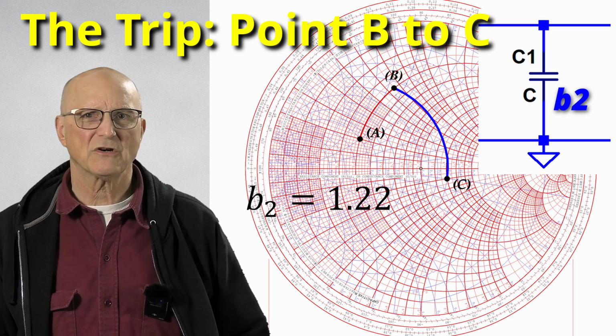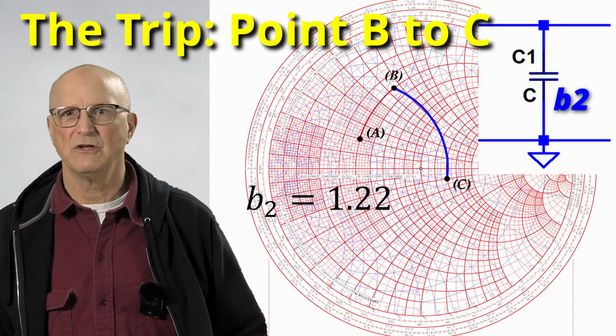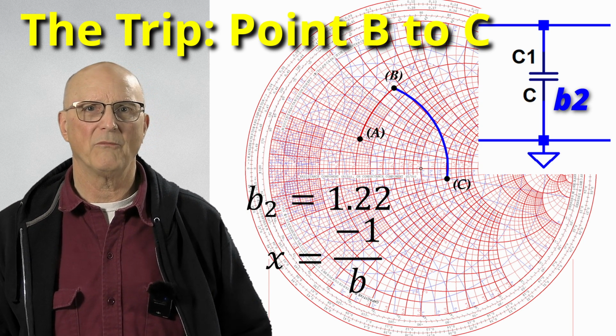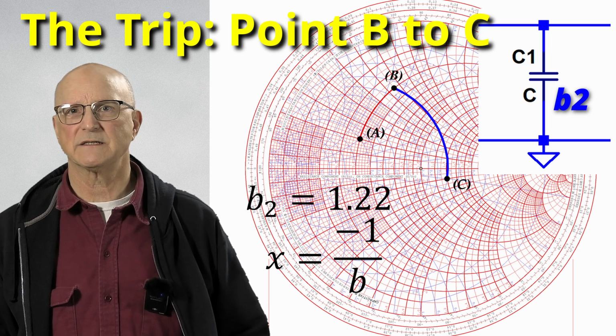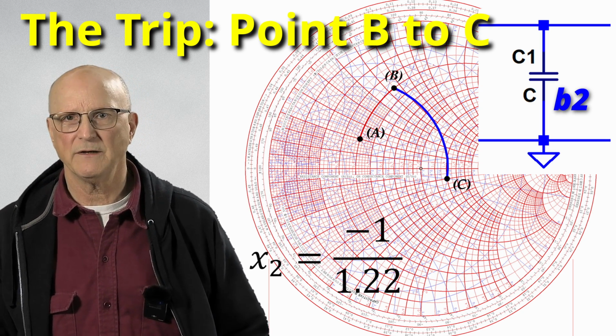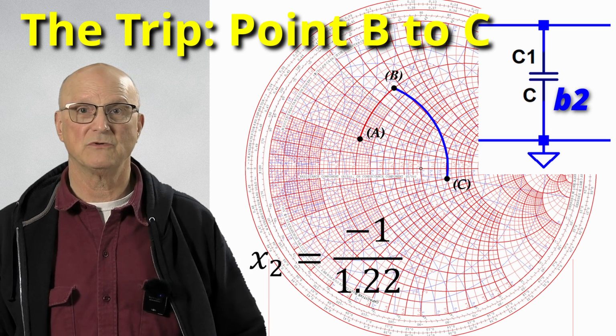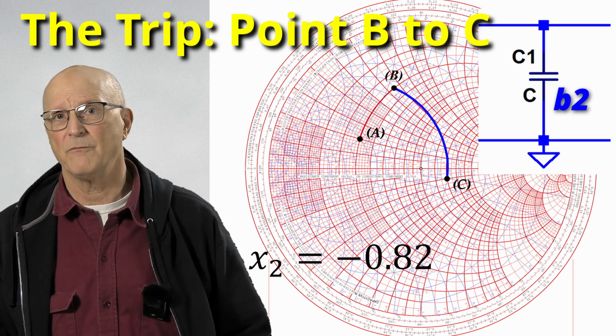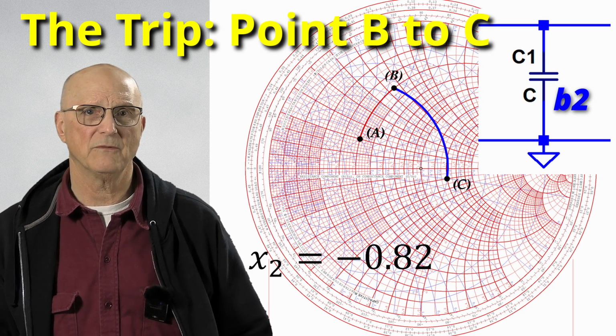But now we have to turn this into reactance using a simple division. Reactance is equal to minus 1 divided by susceptance. So we have minus 1 divided by 1.22, which gives us a normalized reactance of minus 0.82.